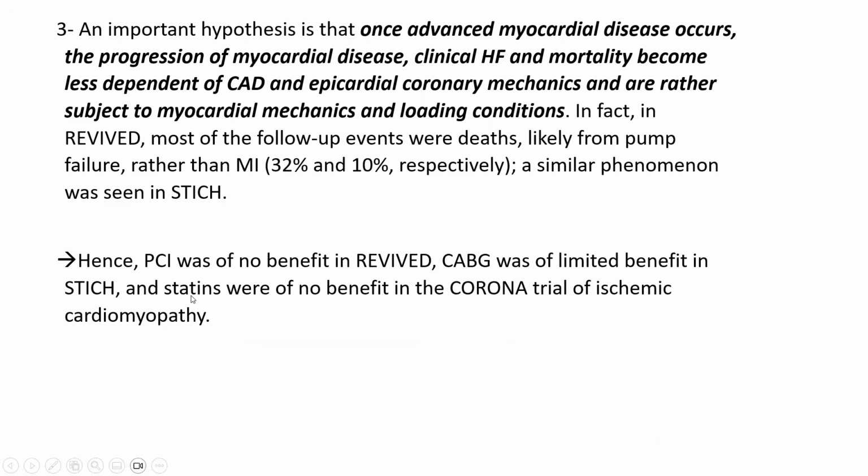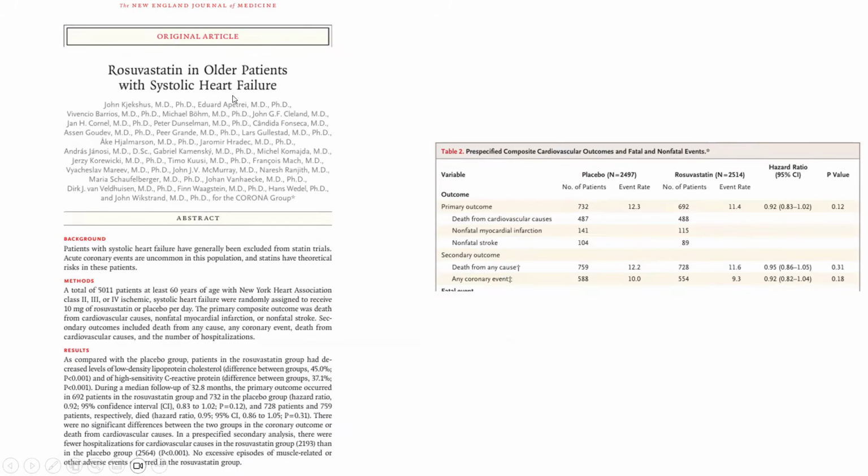And very importantly, people don't remember that even statins were of no benefit in the CORONA trial of ischemic cardiomyopathy. This study of rosuvastatin in systolic heart failure, published in 2007, showed that even statins did not reduce mortality in ischemic cardiomyopathy.